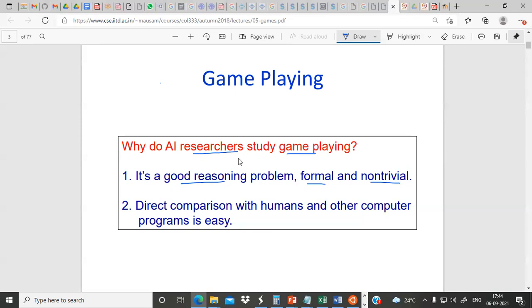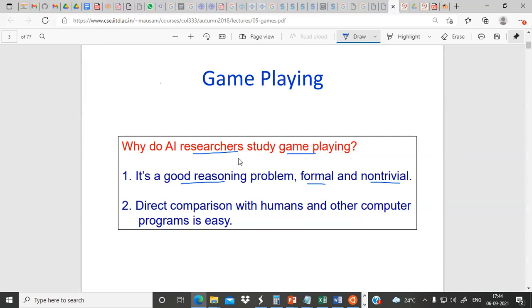The first two stages you may cross very quickly, but as the level increases, when you go to the third or fourth level, it becomes more complex. So games are a good approximation of what is happening in the real world. It's a good reasoning problem. It's formal and it is non-trivial.